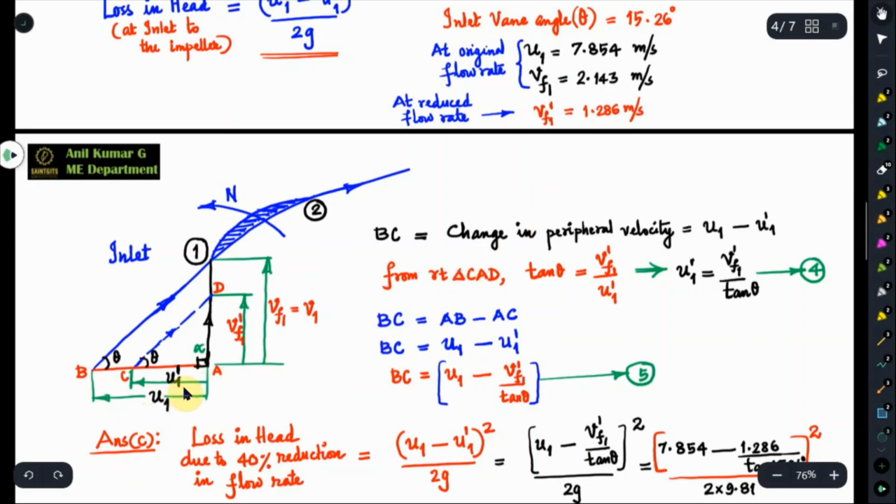So the discharge is reduced, but the tangential velocity of the vane at inlet remains the same. See, as a consequence, what will happen to this triangle? Now Vf1 dash, the velocity of flow from Vf1, the original one, 2.143, now has been reduced to Vf1 dash.